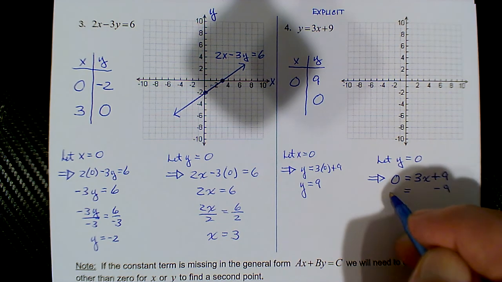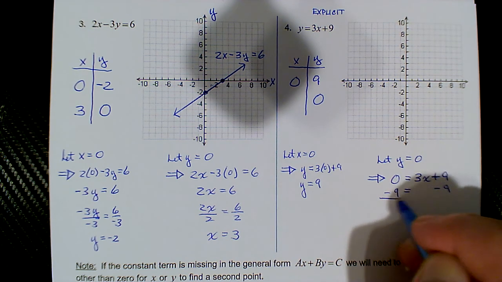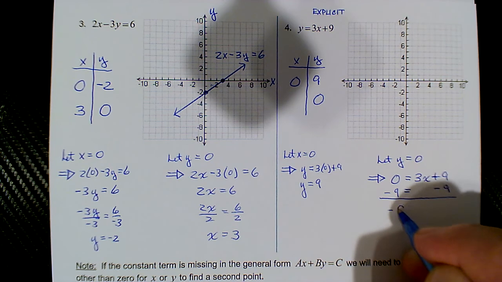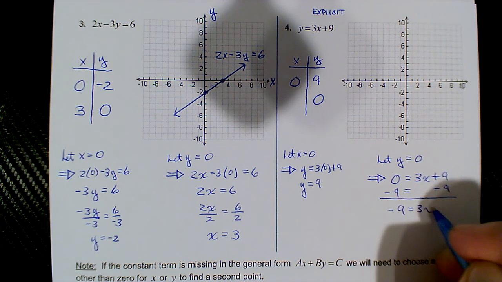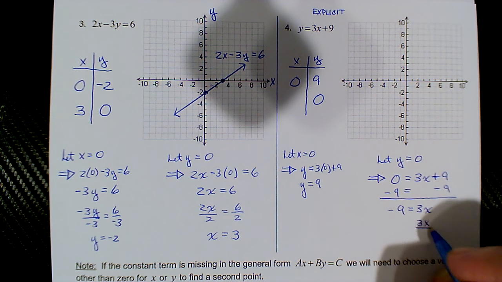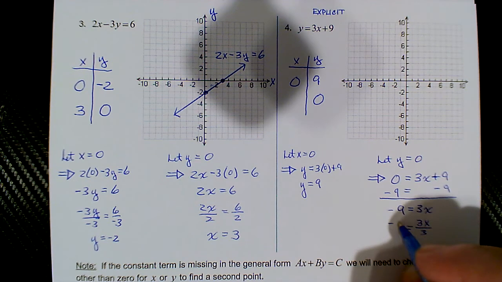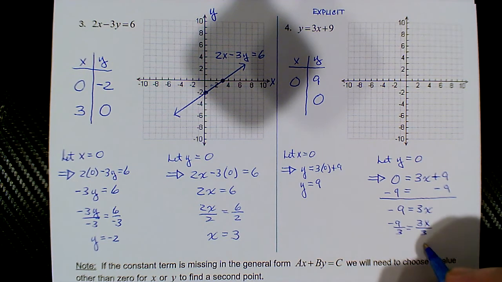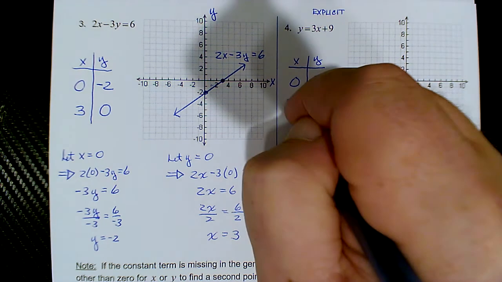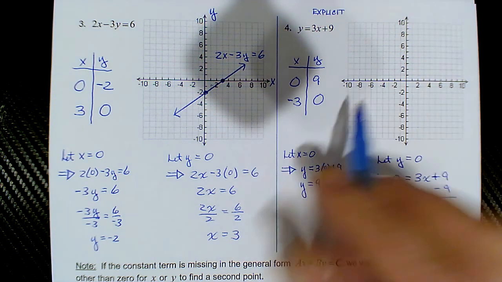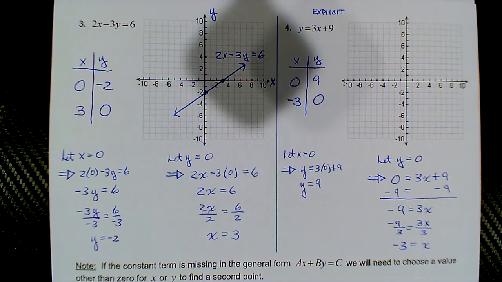Bring the 9 to the left by subtracting 9 from both sides. And finally divide by 3. And so x is -3. So we'll fill that in. Once again, you could be writing the ordered pairs of numbers, but just filling in the table is sufficient.